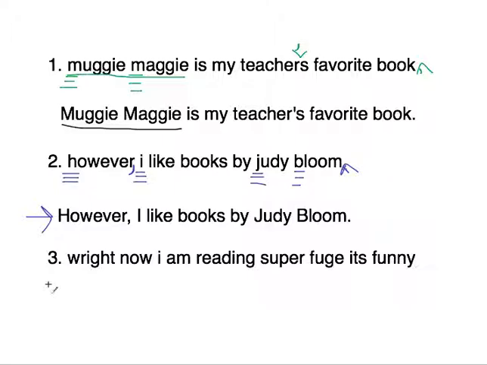That sounds like a run-on sentence. I think I should separate this into two different sentences. Right now, I am reading Super Huge, and then I could put in a period because that's the end of the first sentence. And then my second sentence is, it's funny. So now my sentence sounds right. Sounds great.